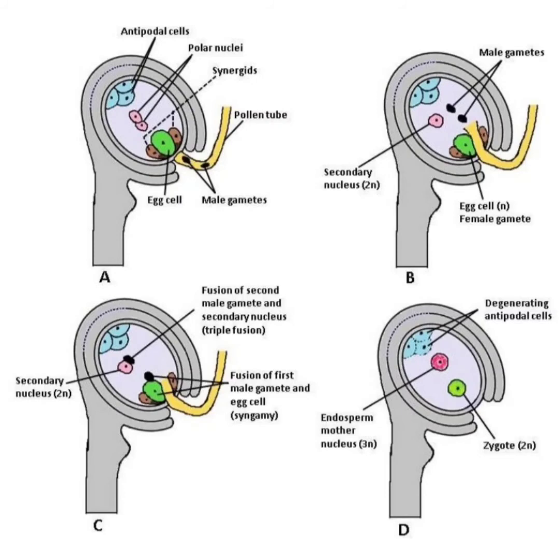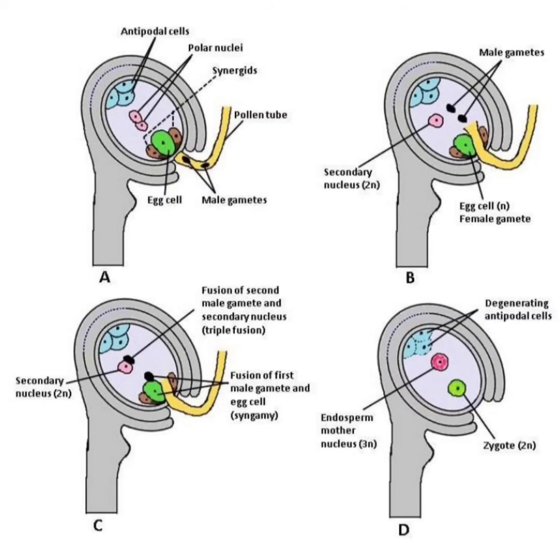In this image you can see on the left upper side a male nucleus fuses with the egg cell nucleus to form the zygote, and another male gamete fuses with the secondary nucleus and forms the 3n endosperm.